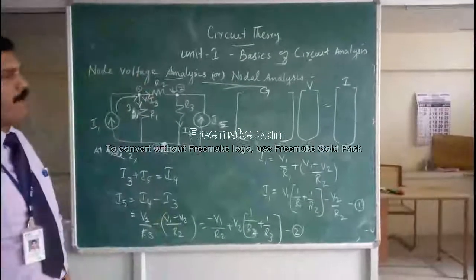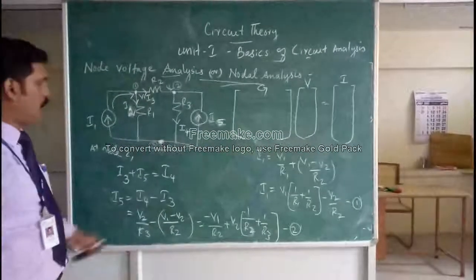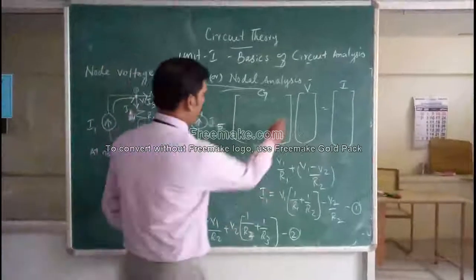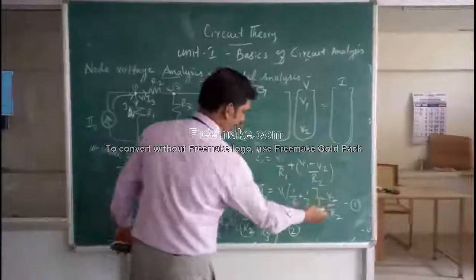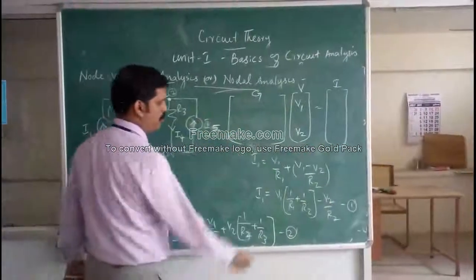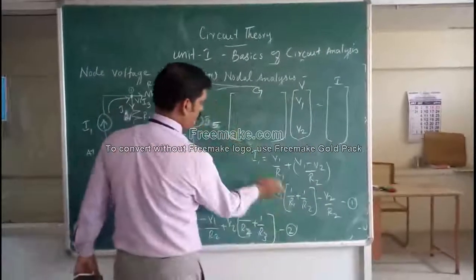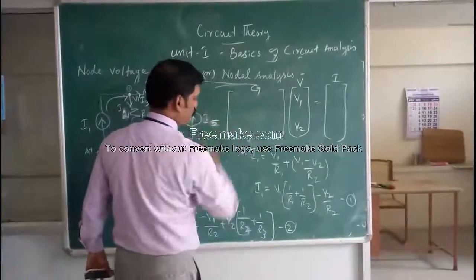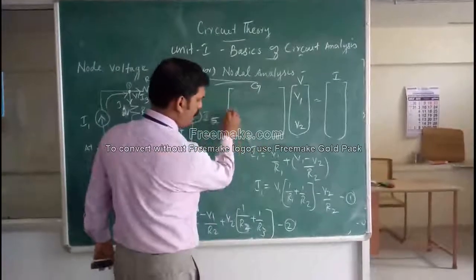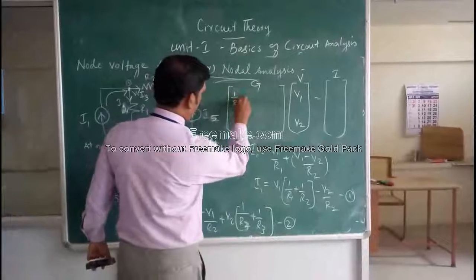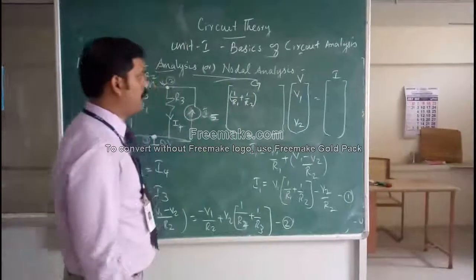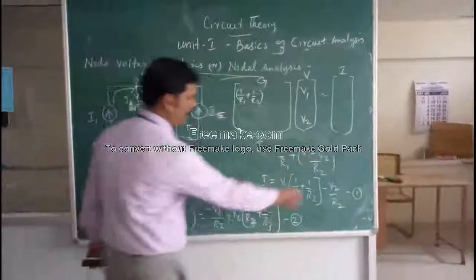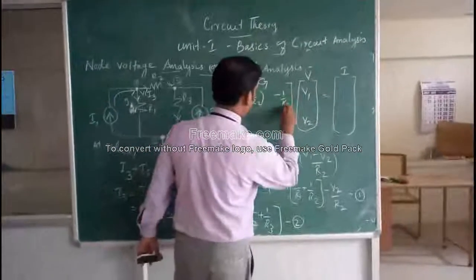From equation 1, I can write the coefficients of V1 and V2. The first row, first column element is 1 by R1 plus 1 by R2, and the coefficient of V2 is minus 1 by R2.